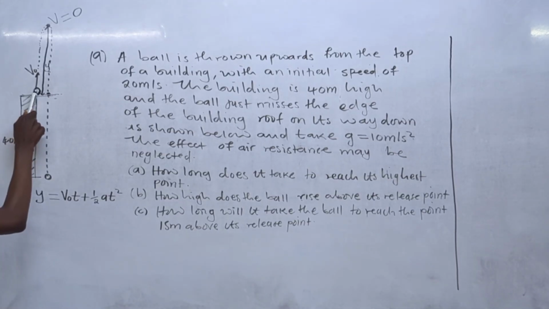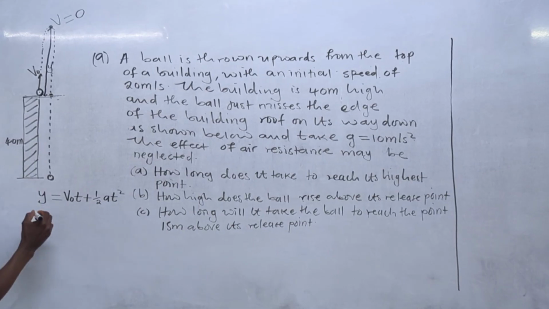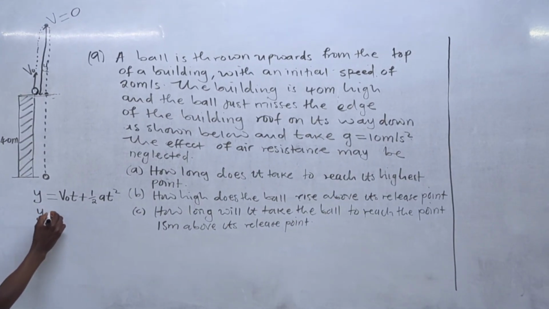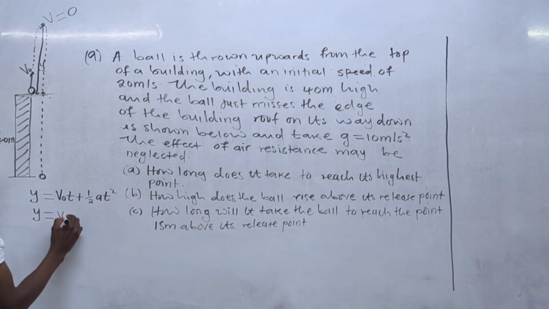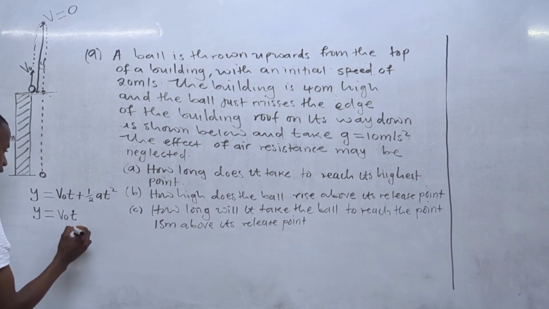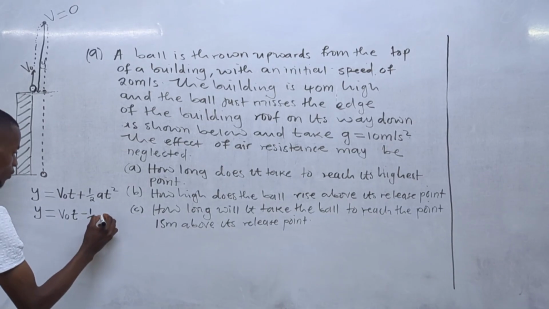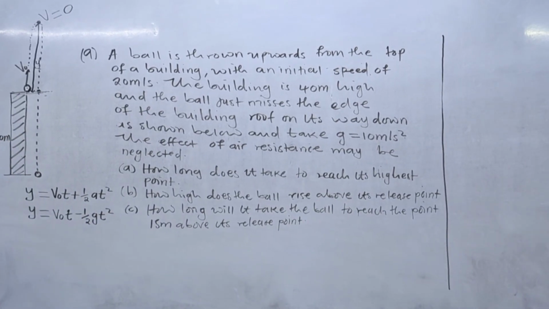Why? Because a particle has been projected upwards initially. We expect this one to be negative g. So the height on top there has to be equal to the initial velocity times the time minus 1 over 2 g t squared.